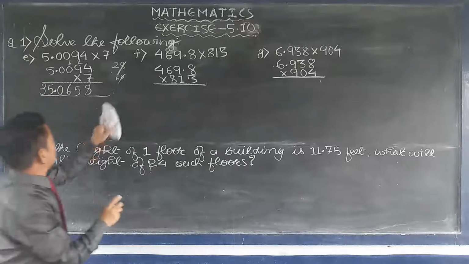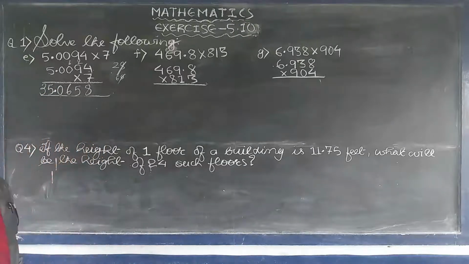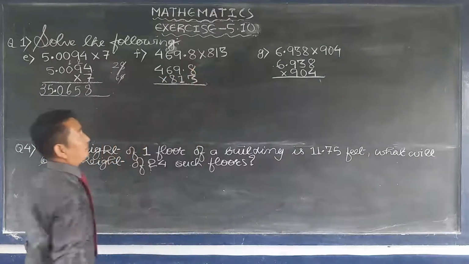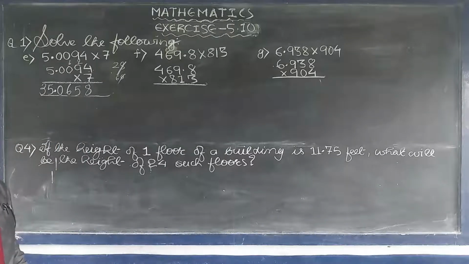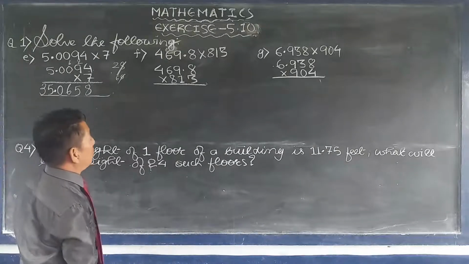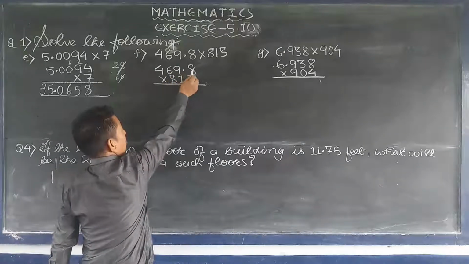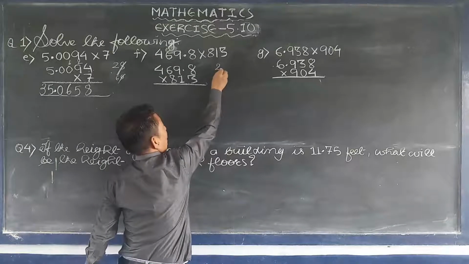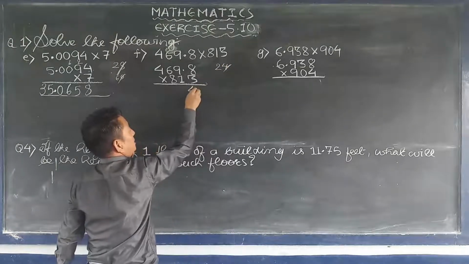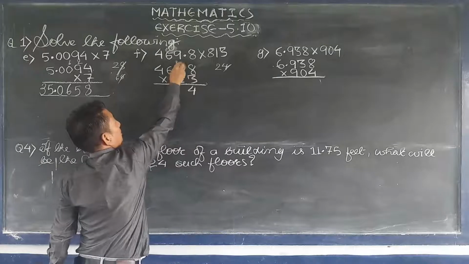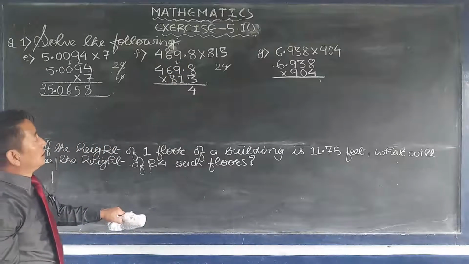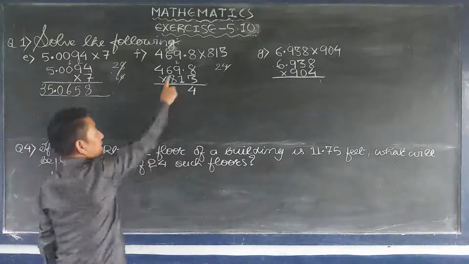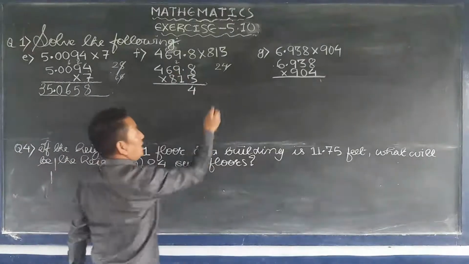Now next here, 469.8 is multiplied by 813. So first we'll multiply 469.8 by 3. 3 8s are 24. 4 we'll write here. 2 carry on here. 3 9s are 27. 27 plus 2, 29.